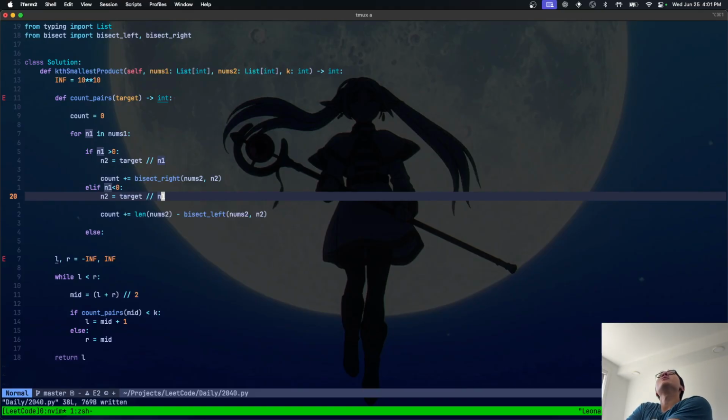Why do we need to take the ceiling of this division? Hmm, I don't know. Because we find the first element that multiplied gives the answer, we go to the left of that.